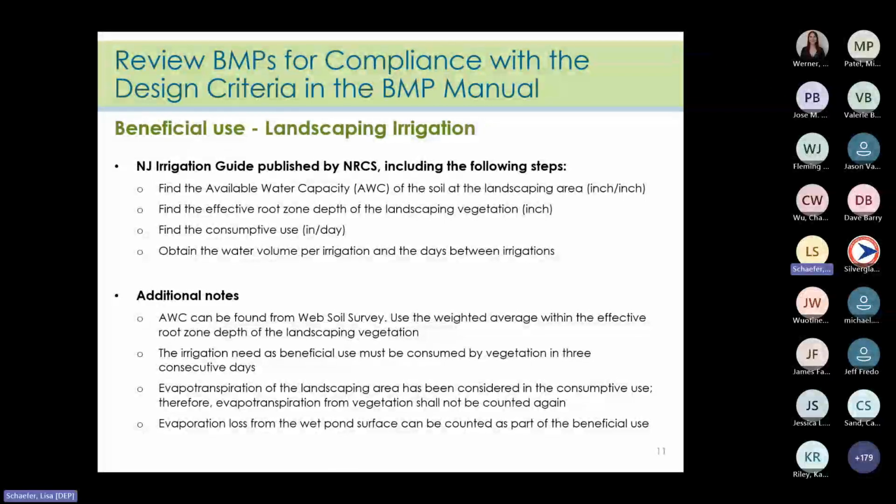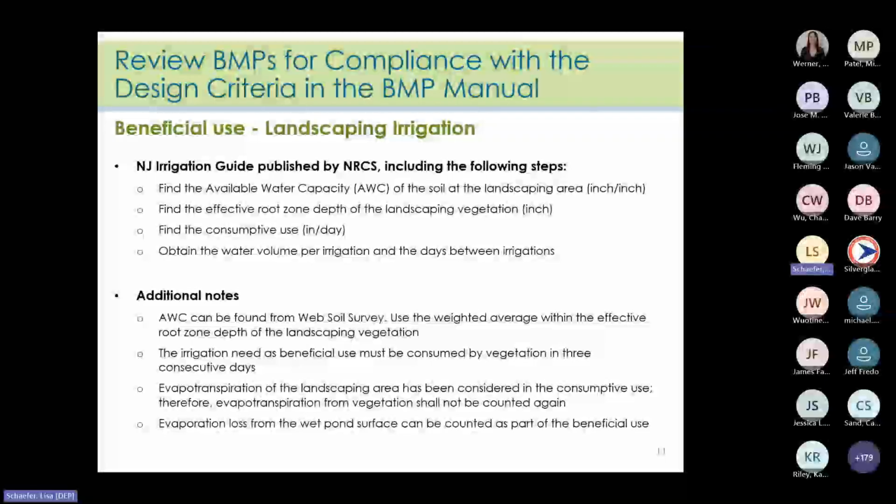So if the designer wants to use another method, the submission will need to provide a well-recognized publication showing the method and the variables that were used in the calculations. So we'll work on guidance for those situations, but for now, we can consider them on a case-by-case basis. And obviously, municipalities should contact us for assistance in making those determinations.